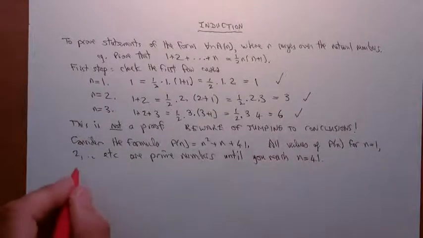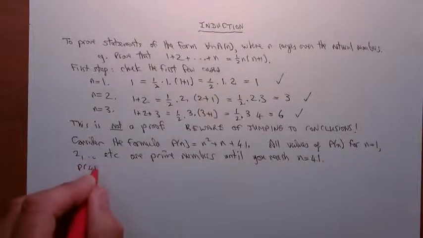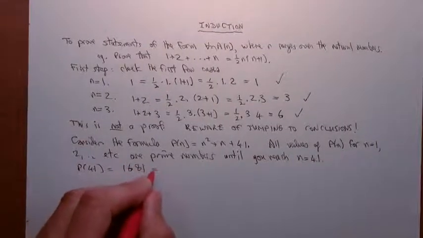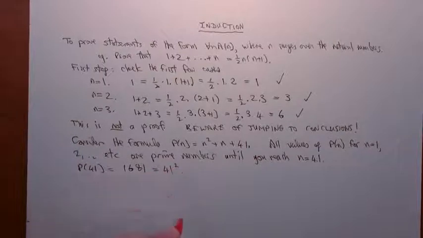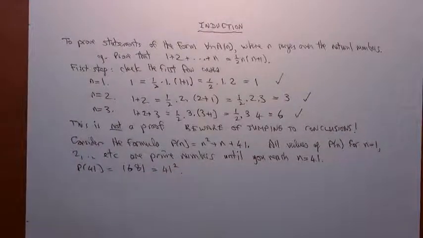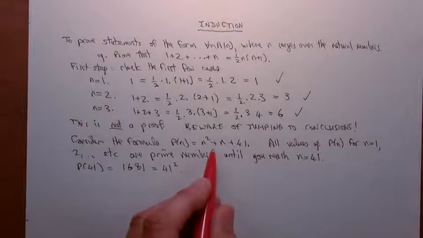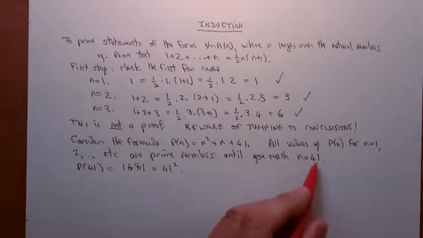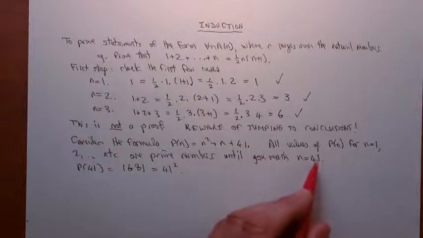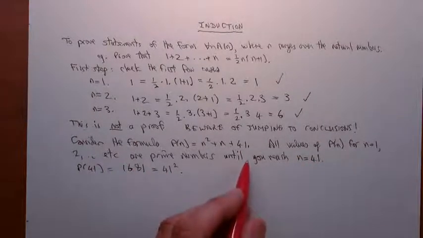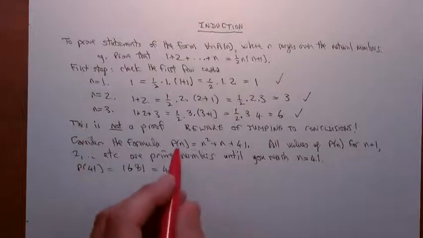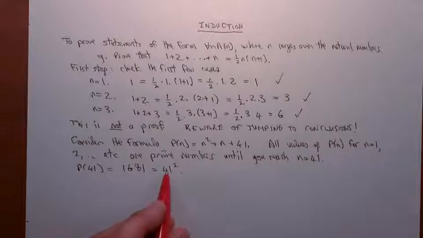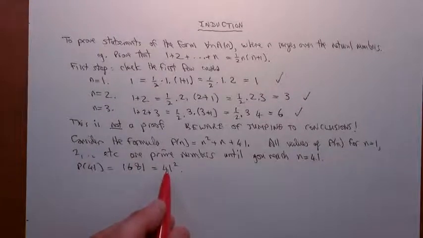And when you get to 41, you find that P of 41 works out at 1681, which is 41 squared. So the first series of values for n equals 1, 2, 3, etc., all the way up to 41, which is well beyond the number of cases most people would try out by hand, you find you've got a prime number. But if that leads you to believe that this formula generates primes for every n, then you're going to be wrong, because when you get to n equals 41, it's no longer prime.